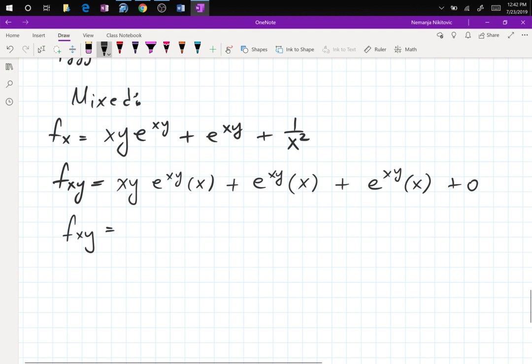So fxy turns out to be x squared y e to the xy plus 2x e to the xy. That's the mixed partial derivative.